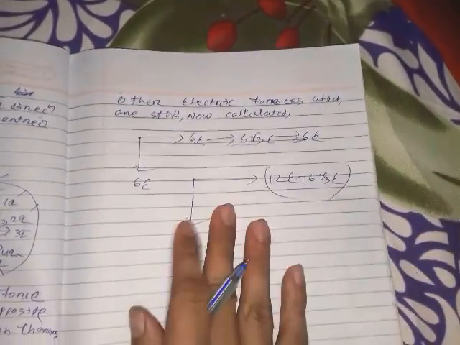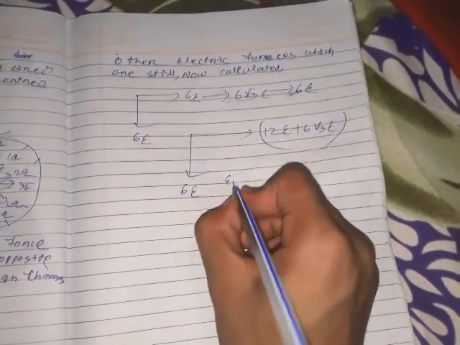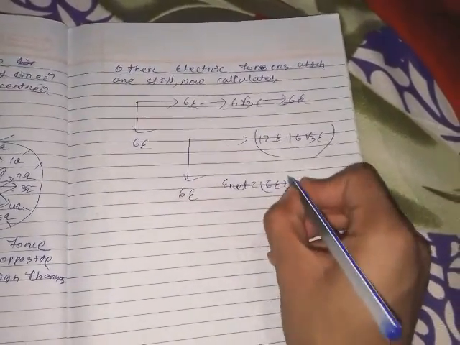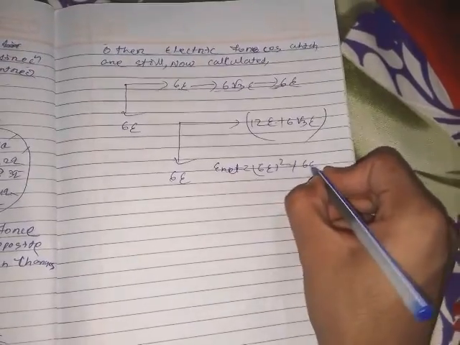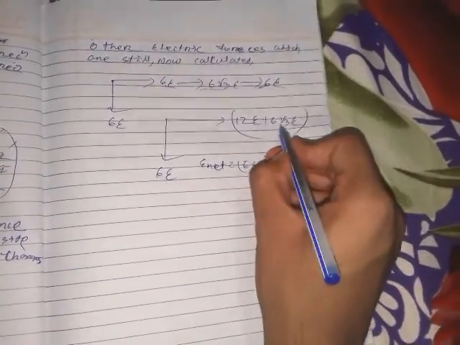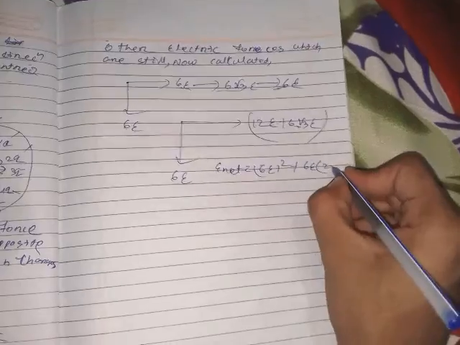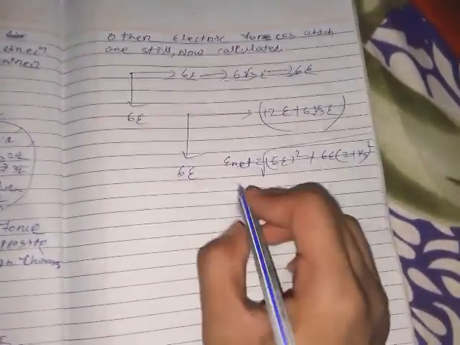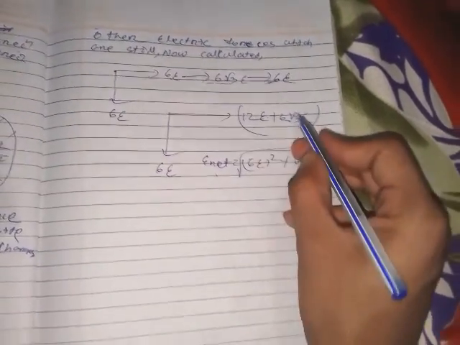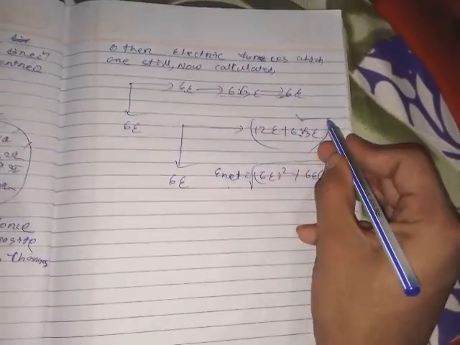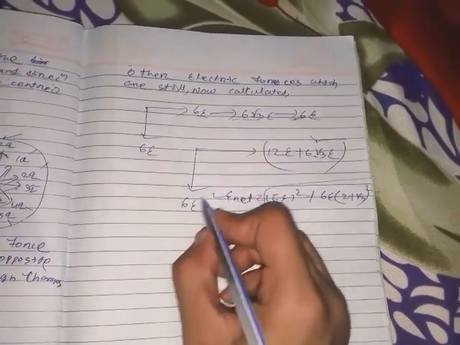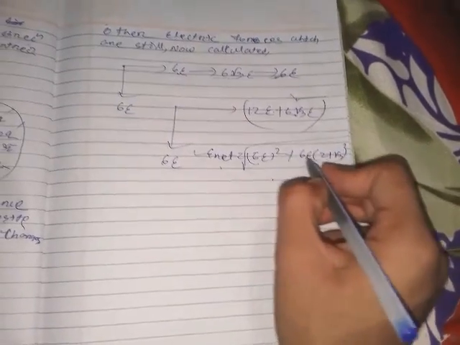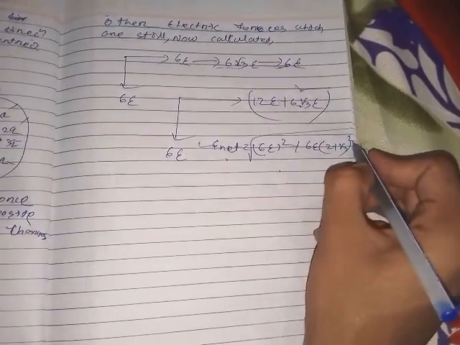Then E net is equal to the square root of (6E) whole square plus (6E into (2 plus root 3)) whole square.